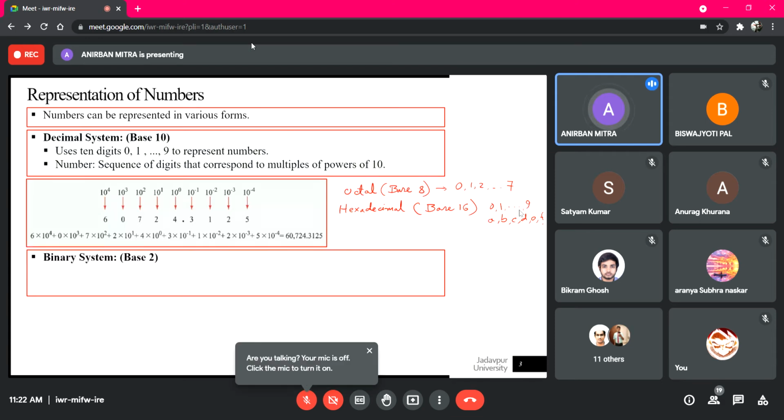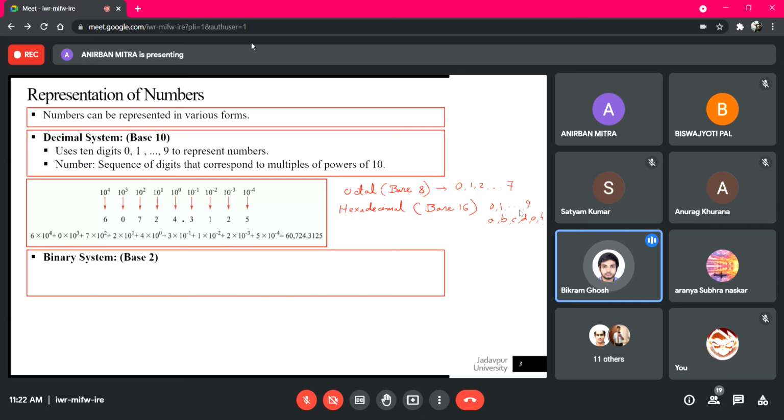No. It starts with 0. How do we count? We count from, say, decimal system 0, 1, 2, 3, 4 up to 9.